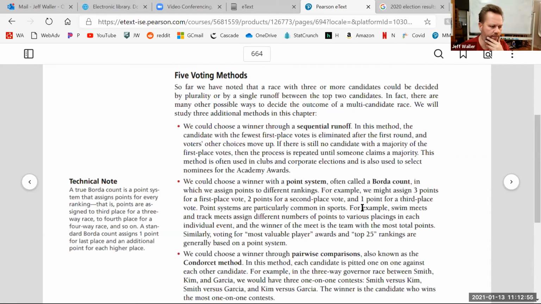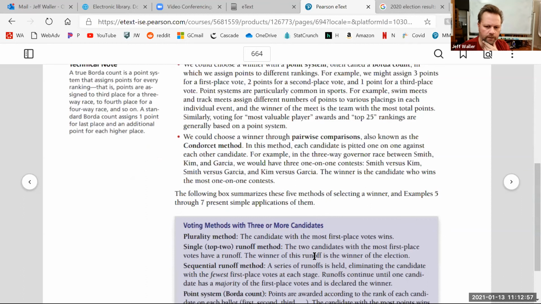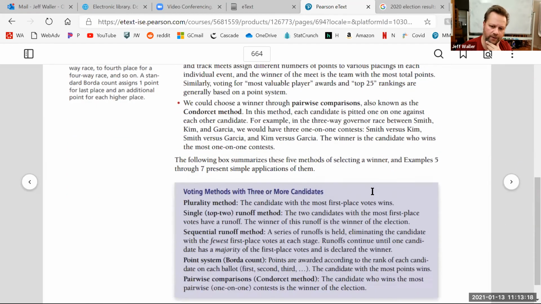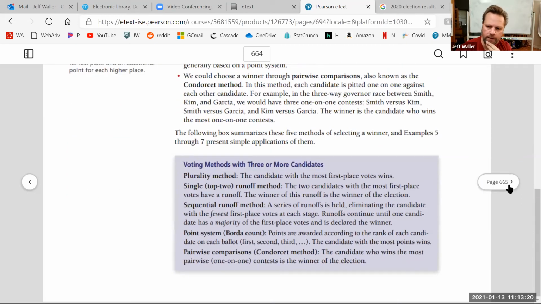I'm not going to make you memorize all the little steps for each. If I say sequential runoff, you should know basically what that means, right? I am going to give you a little bit of help, but I'm not going to tell you exactly how to do everything. Okay.